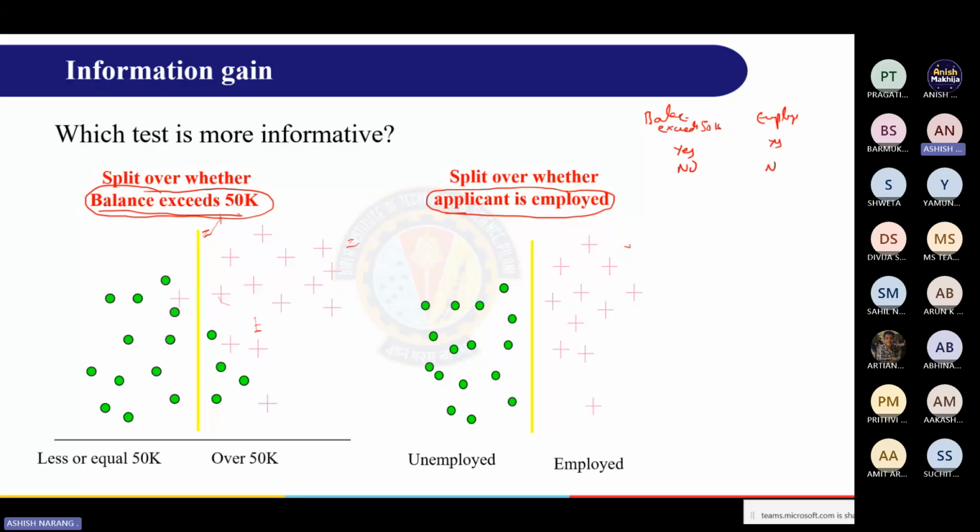Should I go with balance exceeds or should I go with employed or not? Employed or not? All of you agree to this? What Anish has mentioned?